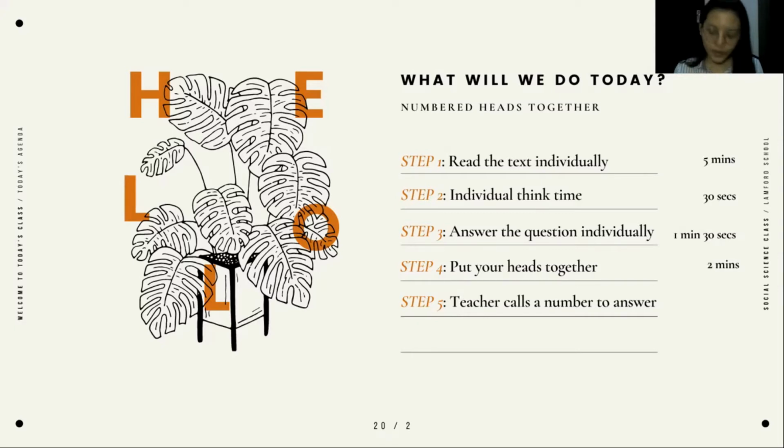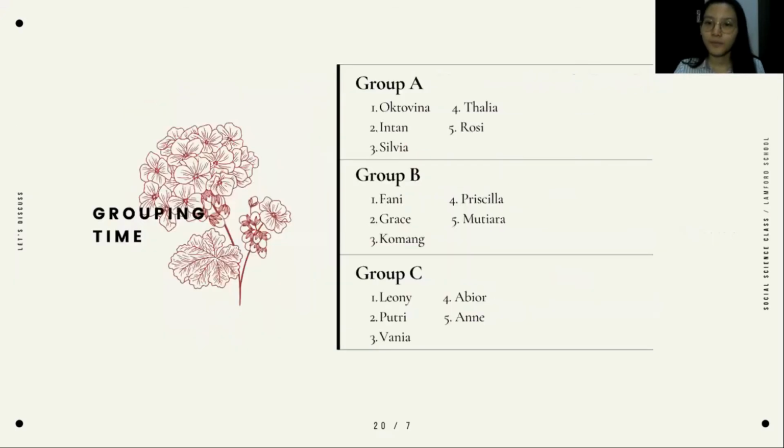Okay, so all number 1 students have to stand up, and then I will choose just one student from either group A, B, or C to present their group's answer. Okay, so all right, I'm going to do a little test again.